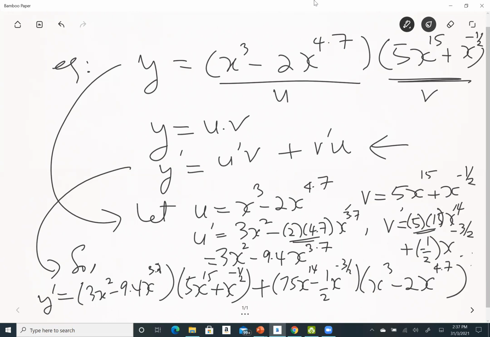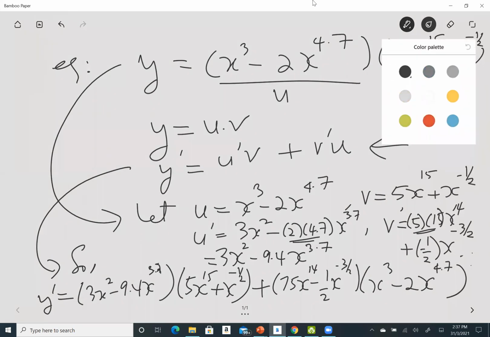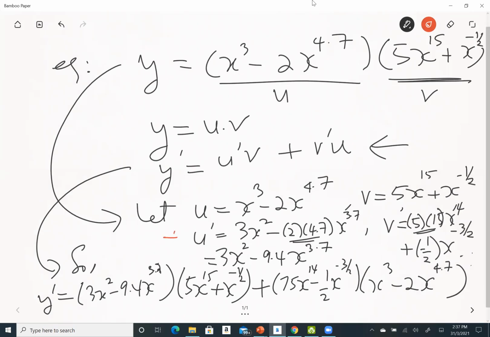So now, in order for you to do the derivative, you have to let u be the first term, v the second term, and then find the u prime. Get u prime, get v prime, and then plug into the formula, plug into the rule. So u prime times v, or if you follow the book, it will be v times u prime.